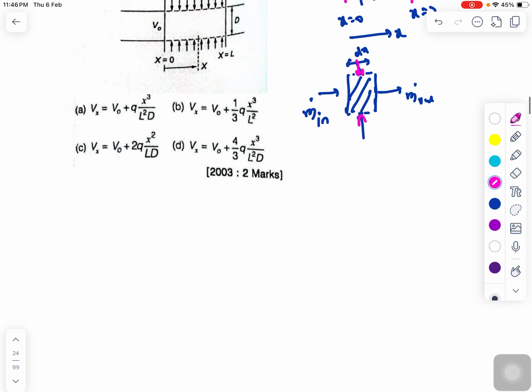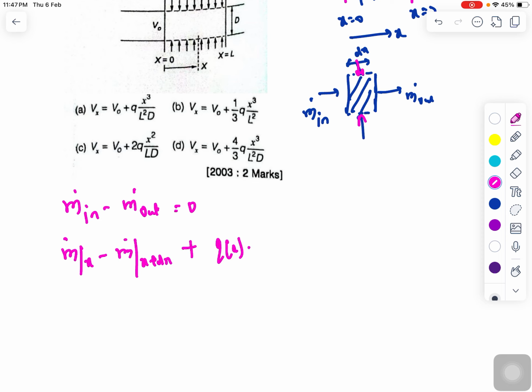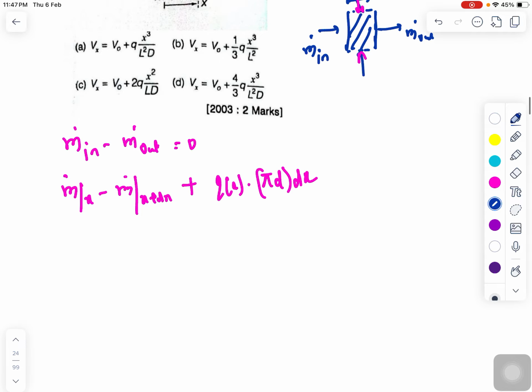So what can I write? m dot in minus m dot out equals 0 at steady state. What is the mass flow rate in? Mass flow rate at x minus mass flow rate at x plus dx plus the mass flow rate happening along this direction, qx into pi d into dx, from this surface area.